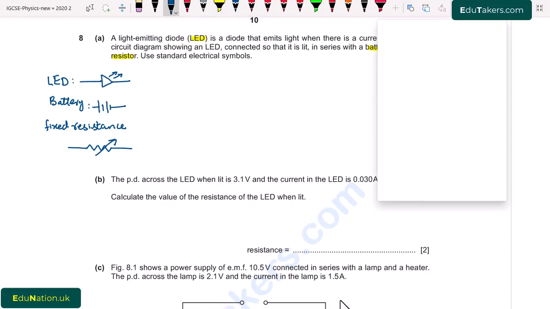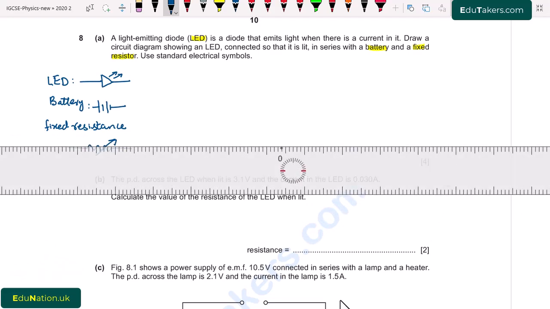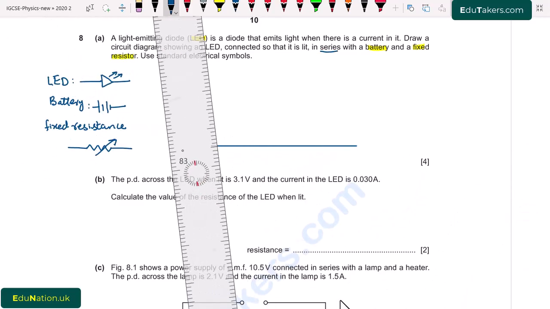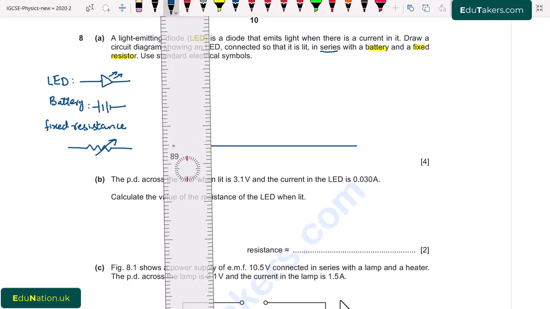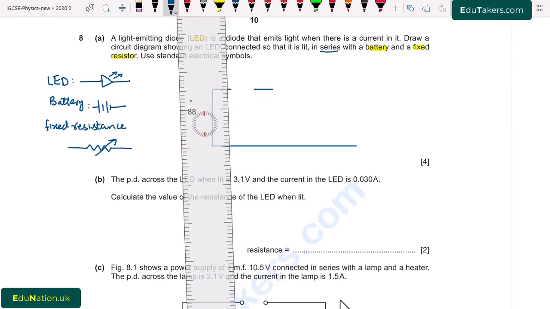So in order to draw the circuit diagram, I used a ruler, and in the question it is given that all of these are connected in series. I have to draw the battery here.